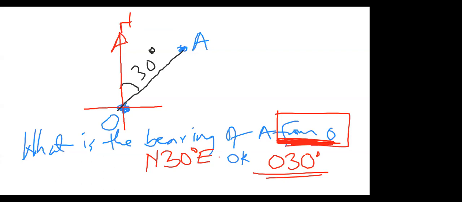Another example of reading bearings from a given point: in case you have 2 towns again, you have town O and your town T is at that point there. What is the bearing of town T from town O?